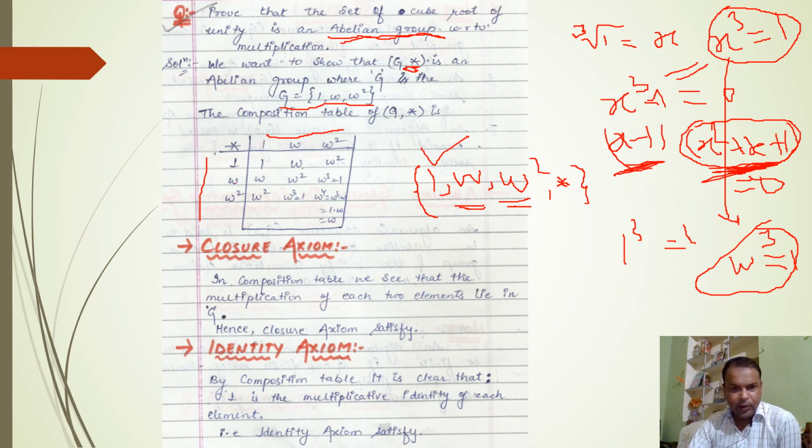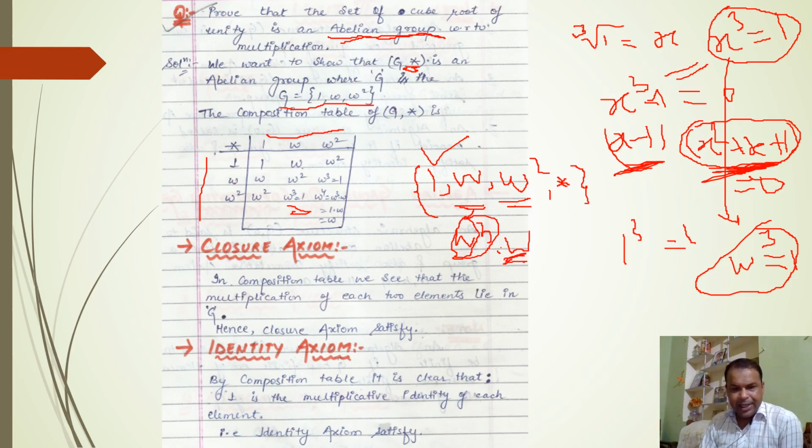Similarly, omega square into 1 is omega square, omega square into omega is omega cube, which is again equal to 1, and omega square into omega square is omega to the power 4, which can be decomposed as omega to the power 3 into omega, and the value of omega cube is 1. So we get the result omega.